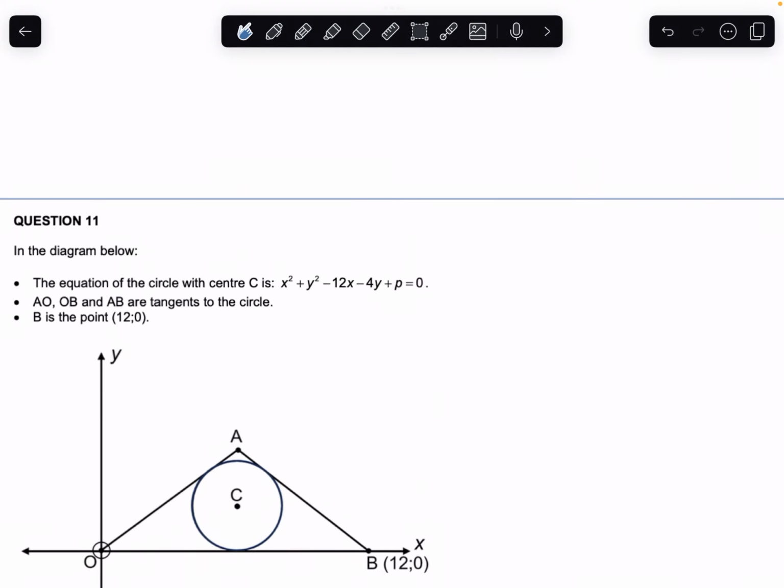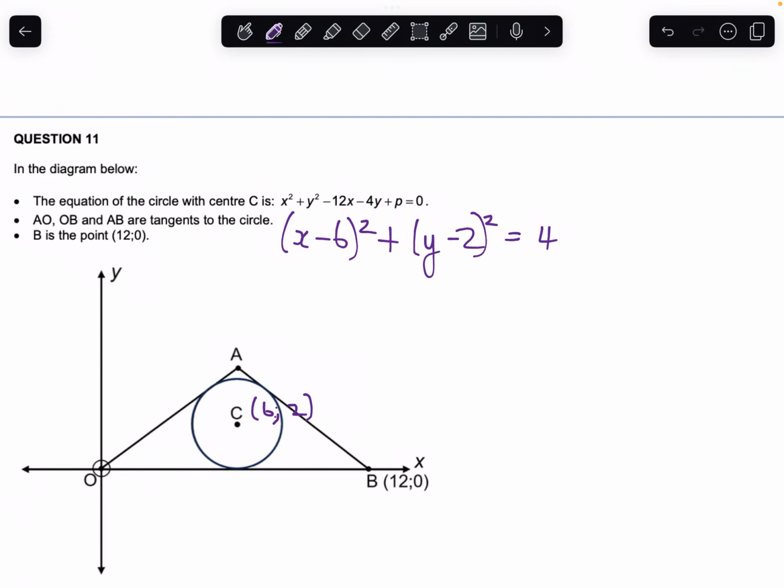Okay, and we know that this is (x minus 6) squared plus (y minus 2) squared is equal to 4. So this is 6 and 2, and we also have Q, which is 6 and 0. What else did we know from the previous question?